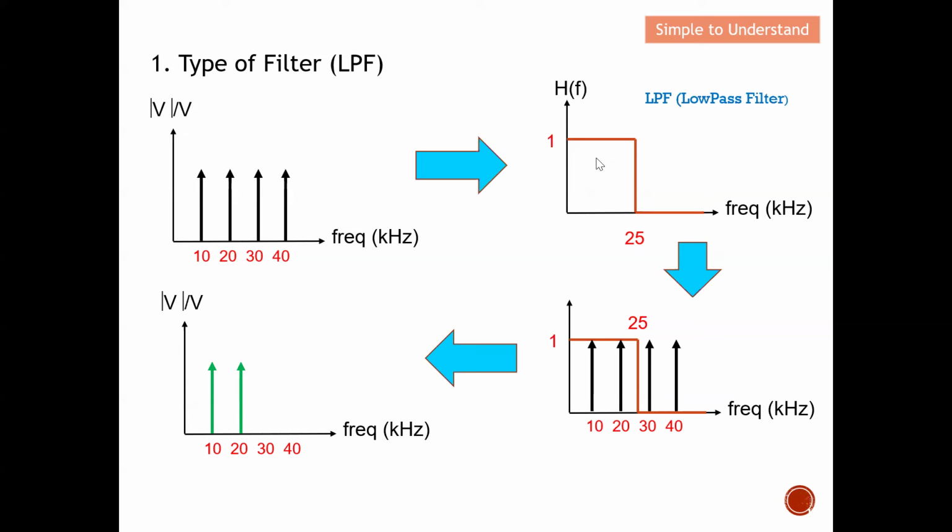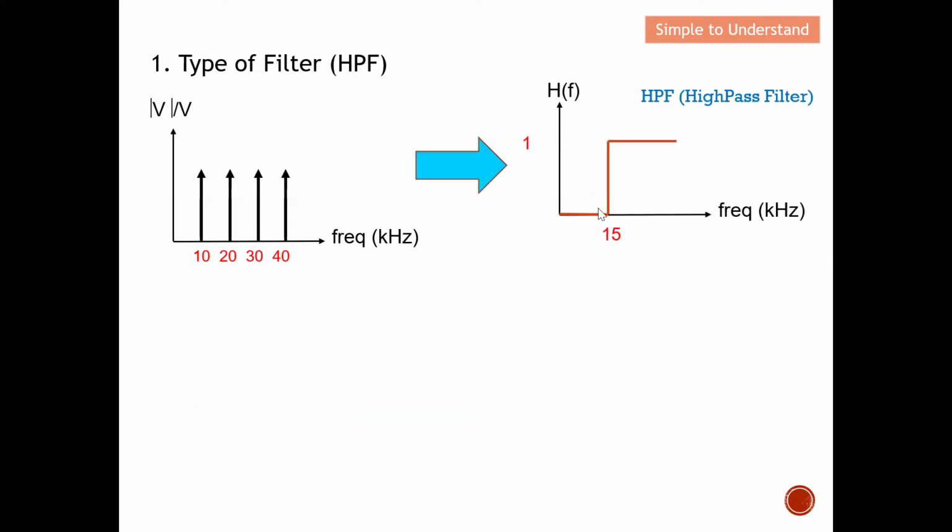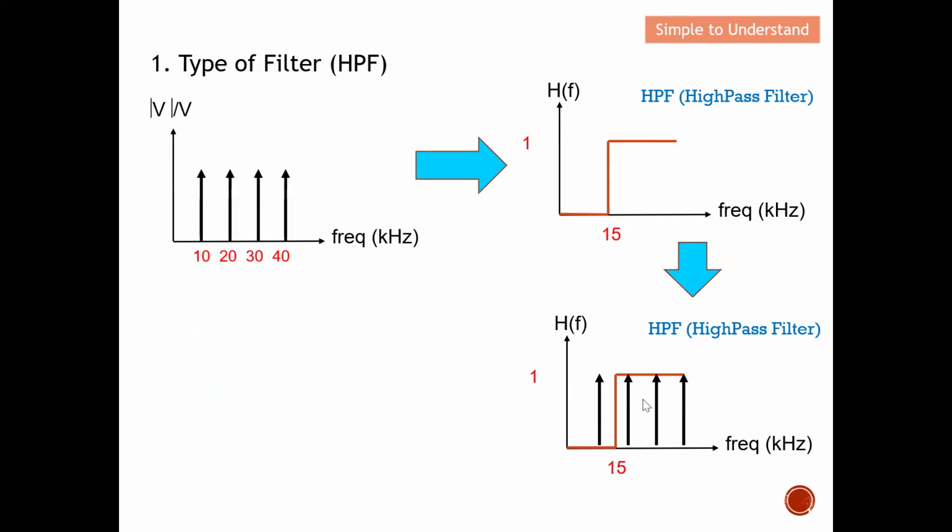Next, with the same four signals, we are going to feed them into a high pass filter. You can see that this high pass filter has a cutoff frequency at 15 kilohertz. Again, if you put these two diagrams into one, you can see they have this kind of characteristic here. This one will be rejected, and these three will be able to pass.